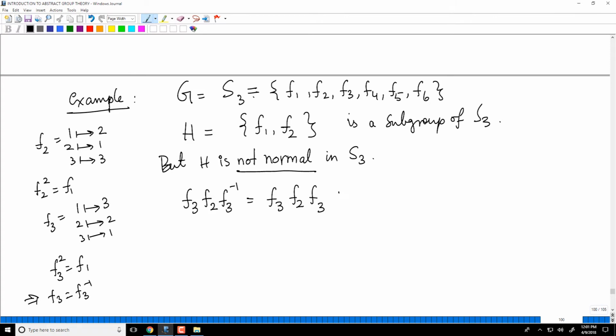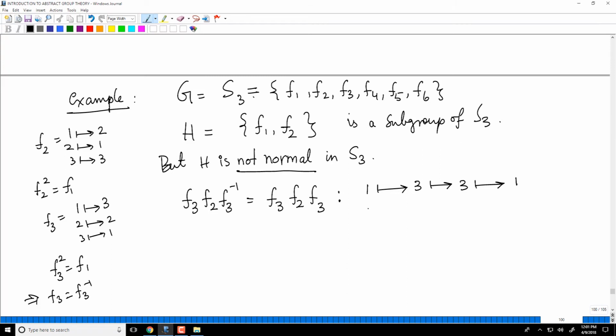So what is F3 composed with F2 composed with F3? Let's just do it systematically. Under F3, 1 goes to 3. Under F2, 3 goes to 3. Under F3 now, 3 goes to 1. So 1 goes to 1.